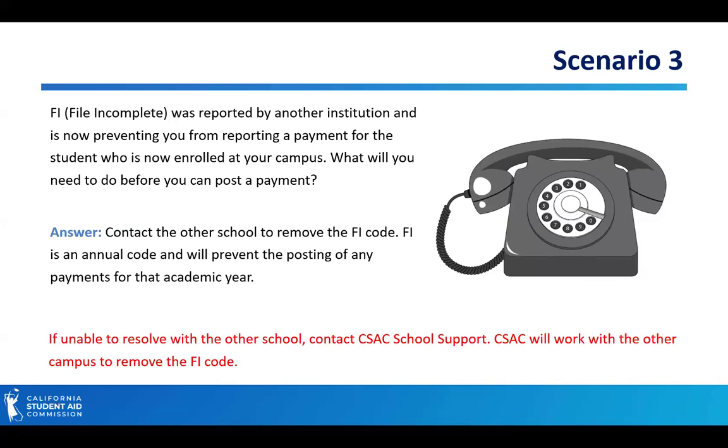Another one where you will want to contact, well, first, see if you can contact the other school to see if they can remove the FI code by using NS0 or putting a leave of absence, which then can be overridden by your payment. But if the school is not cooperating, you can then contact our school support team and they would help you with removing that FI.